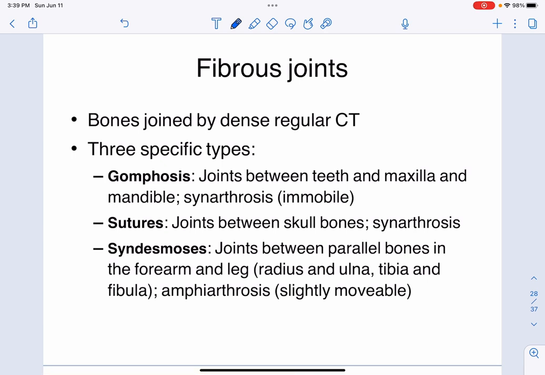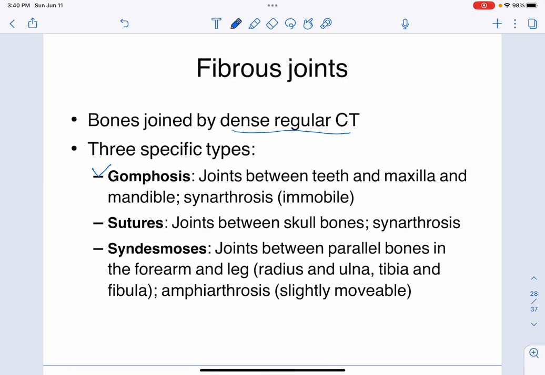So we're looking at fibrous joints. These are, again, bones that are joined by dense, regular connective tissue, and there are 3 different types of fibrous joints. The first is called gomphosis. Again, I keep saying this, but I do have pictures on the coming slides so that you can see exactly what these look like.